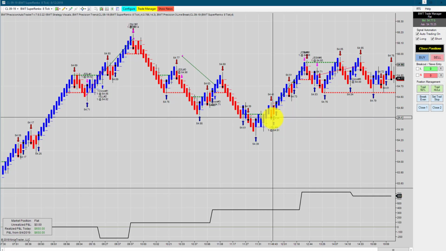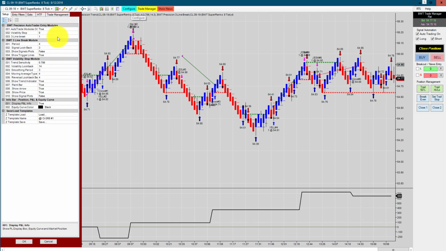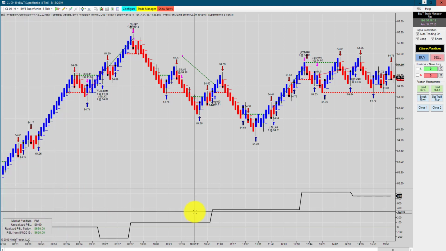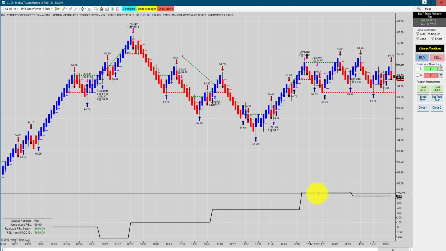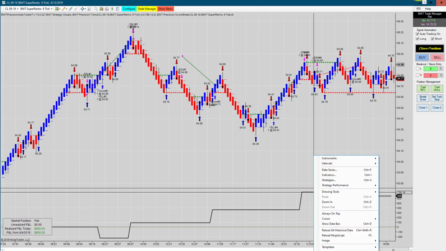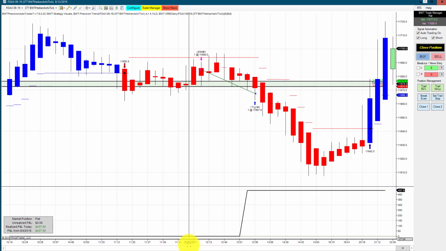The crude oil on a Super Renko 8 tick has, again, when I lost my charts, I had to recreate them, and so I didn't shorten the profit target. So just trading a single contract, this did 650 today, and the equity high here was a little above that, maybe $100 higher. Okay, the DAX on a 377 Heikin-Ashi chart.